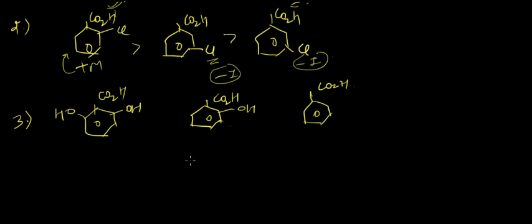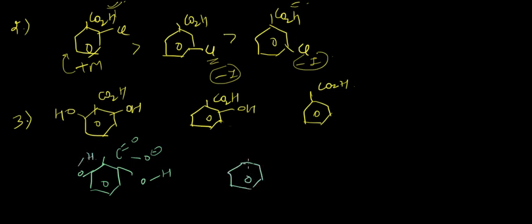So to compare the acidic strength, let us say that H is removed, so this compound would look something like O negative, and this is OH. Similarly this is OH, and this would look like, let me draw the complete structure.